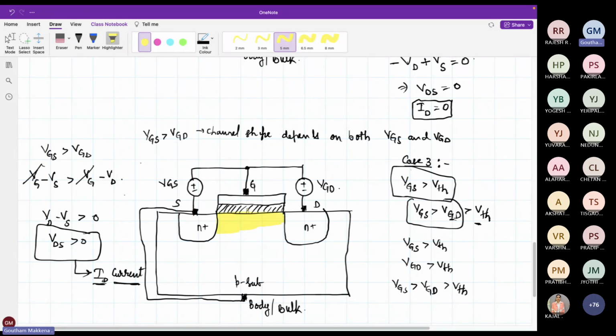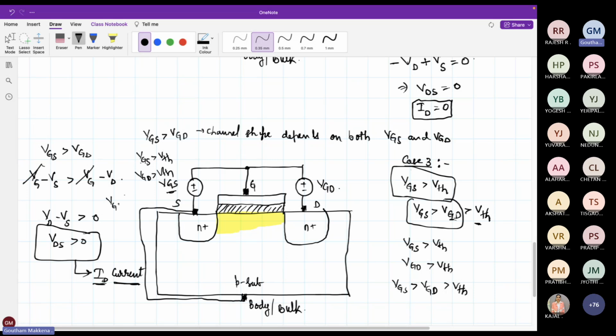Does that make sense? The channel shape is a function of both VGS and VGD. VGS is greater than VTH, so the channel is nicely formed here. VGD is also greater than VTH, so the channel is also formed here.